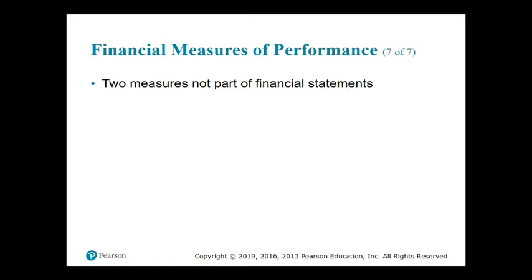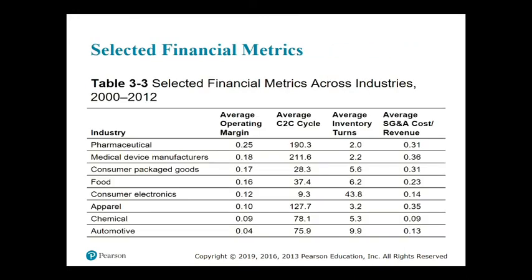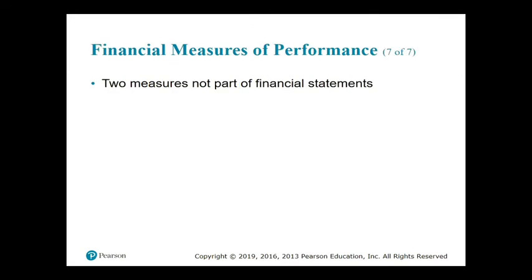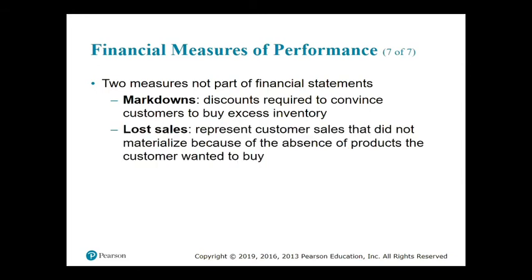Now, these are the financial metrics that will actually show up on the financial statement of a company. There are another two measures for financial performance that don't show up on financial statements. One is markdowns, and the other one is lost sales.